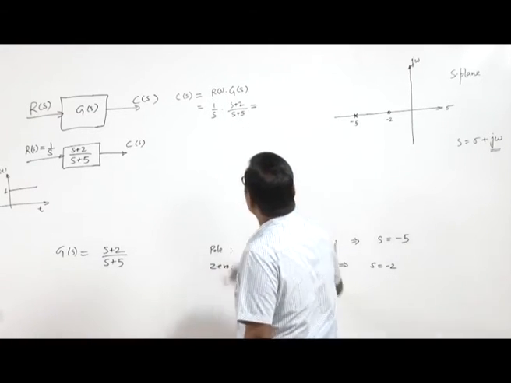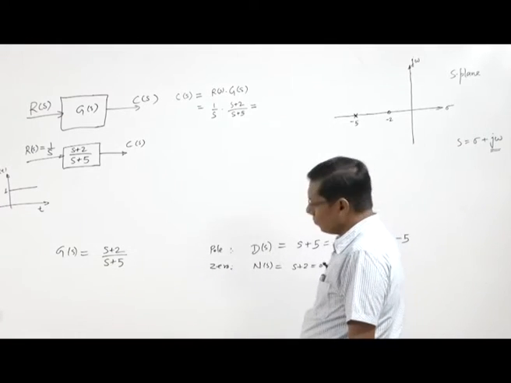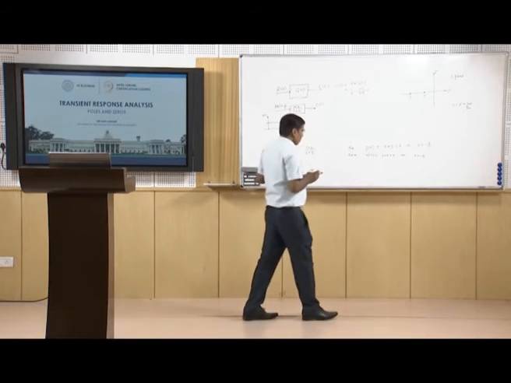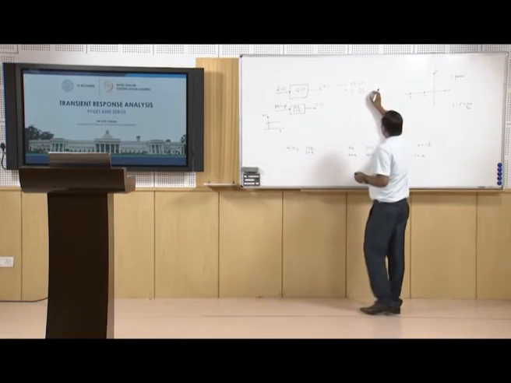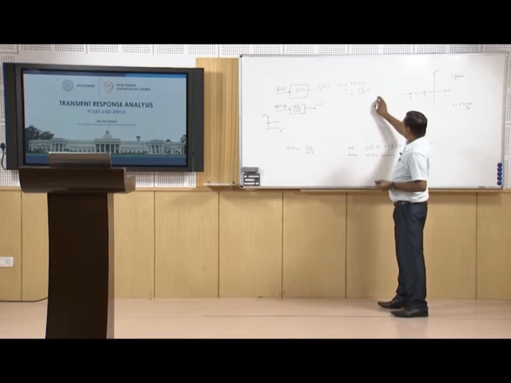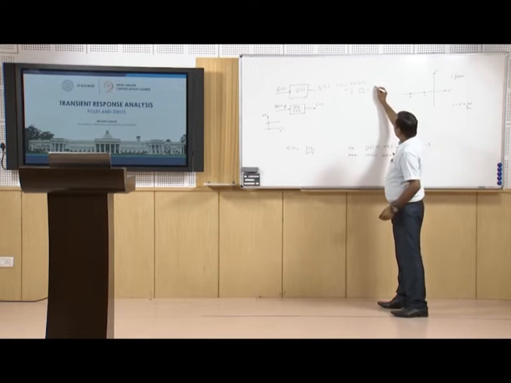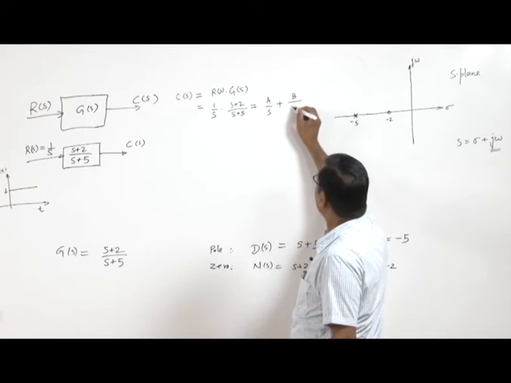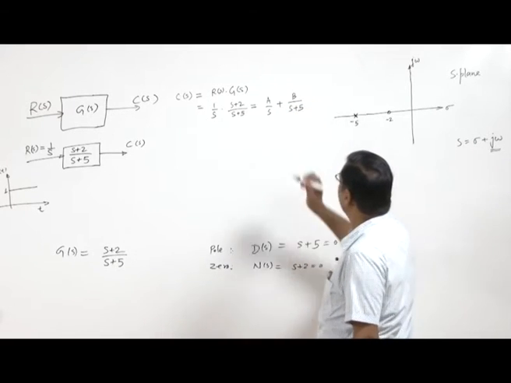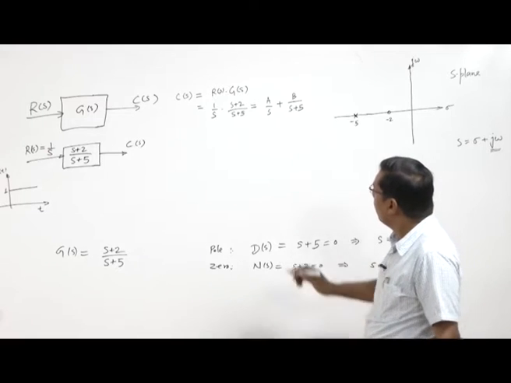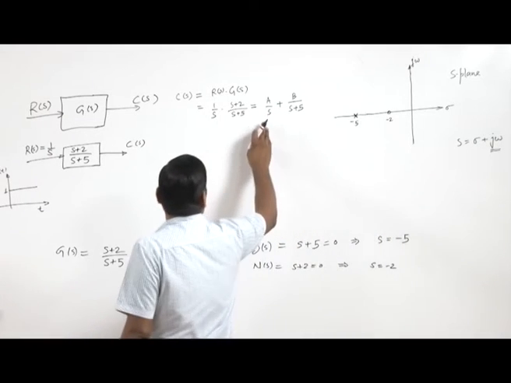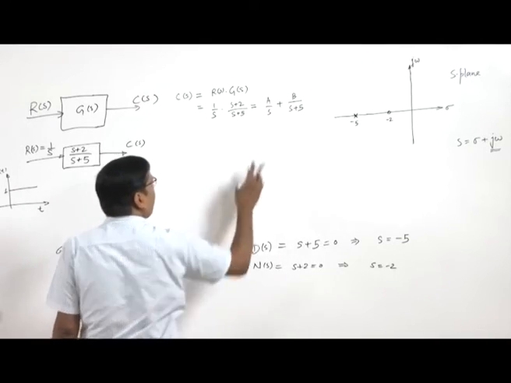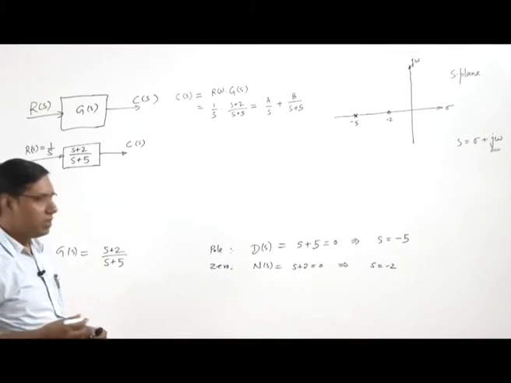So now we will use partial fractions to break this function: A by S plus B by S plus 5. So we break this into two parts, where A and B are constants or coefficients.